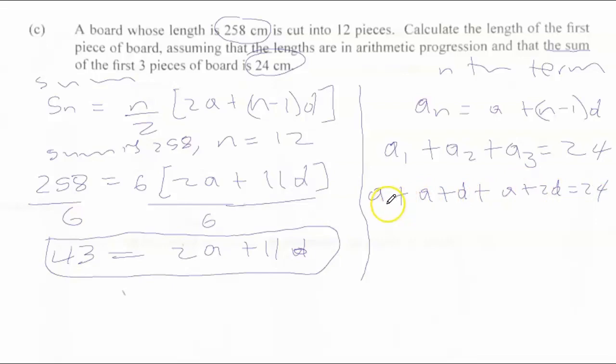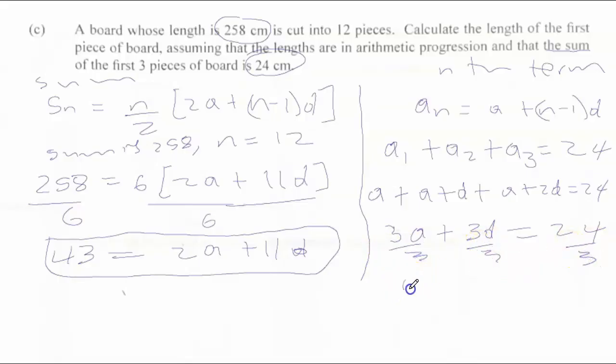If we group all the a terms, we have 3a plus 3d equal to 24. We can reduce this equation by dividing all the terms by 3.